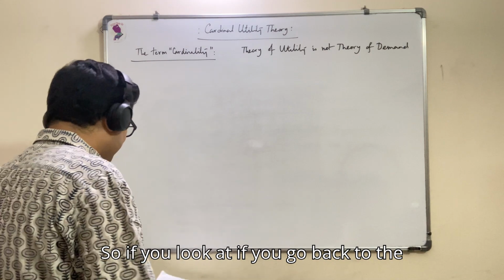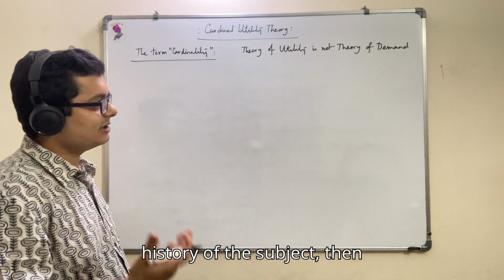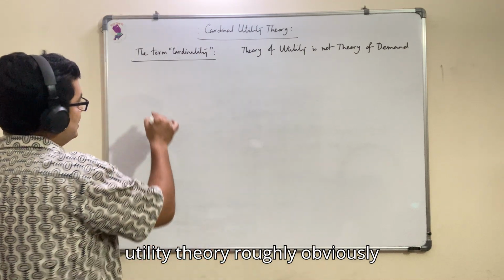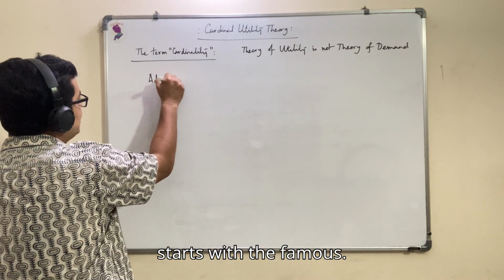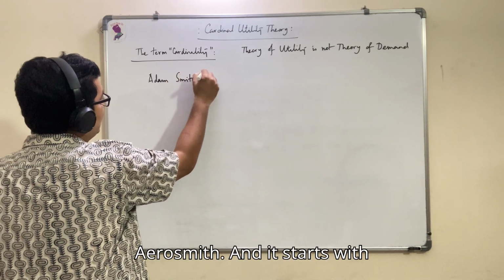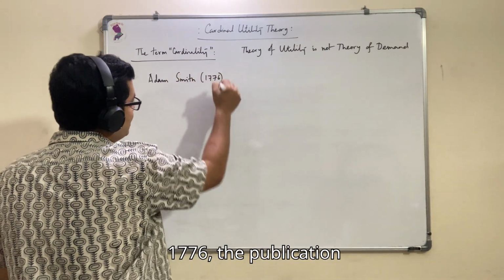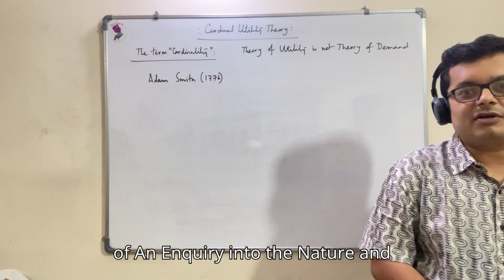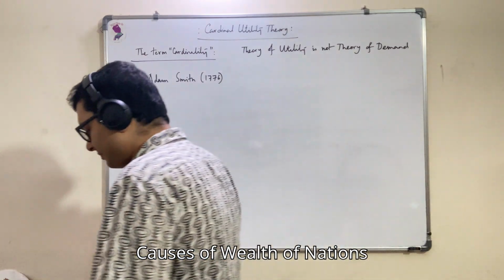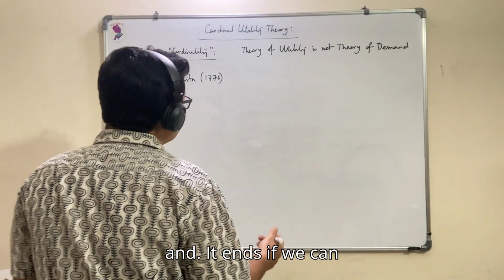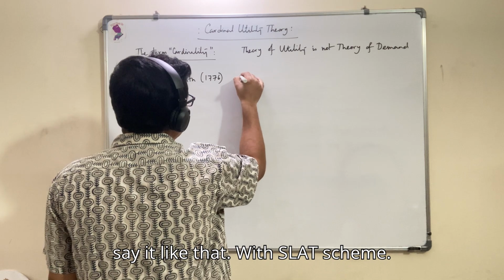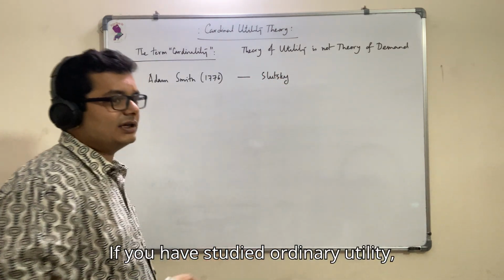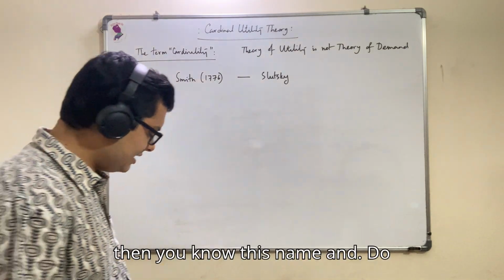If you go back to the history of this subject, utility theory roughly starts with the famous Adam Smith, in 1776, with the publication of An Inquiry into the Nature and Causes of the Wealth of Nations. And it ends, if we can say it like that, with Slutsky, approximately 1915. If you have studied ordinal utility, then you know this name.